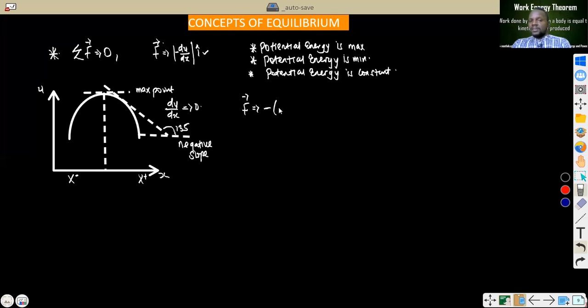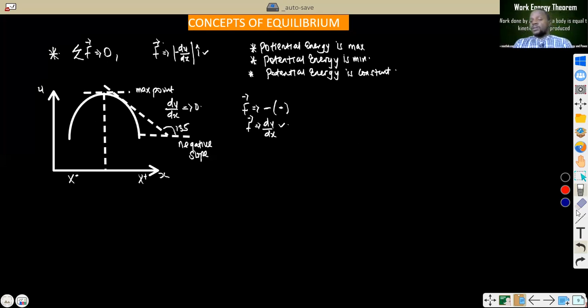Negative times negative is going to give us positive. So at this particular point, the force acting on the body is positive. Always keep that at the back of your mind: when you shift to the right, you are going to have a positive value of force.